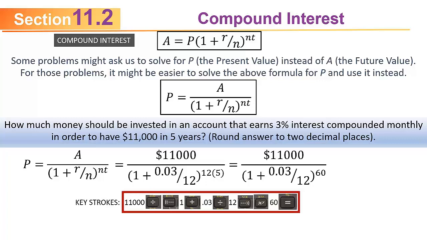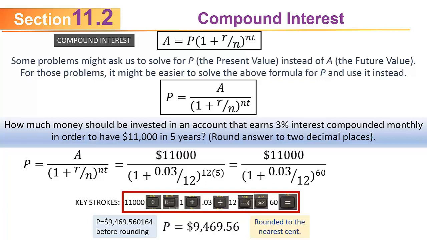11,000, the big fraction bar is a division, then you've got a left paren, 1 plus 0.03, and the slash is another division, divided by 12. Then you close the right paren, then you hit the power key because the 60 is an exponent, then you type in 60, and you hit equal to, and you end up with a present value of $9,469.560164, and if you round it to 2 decimal places, you end up with $9,469.56 to the nearest cent.